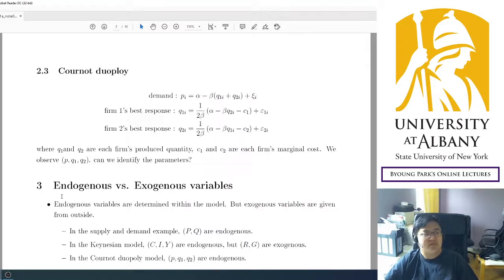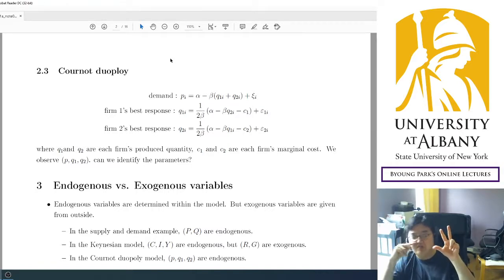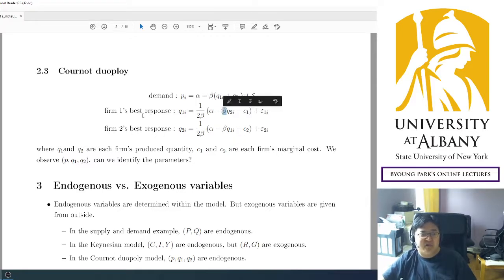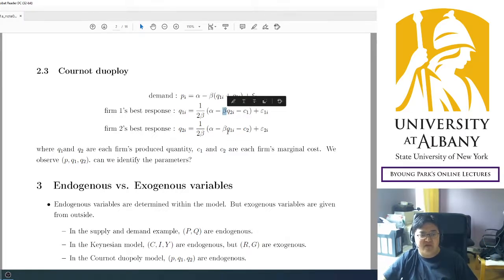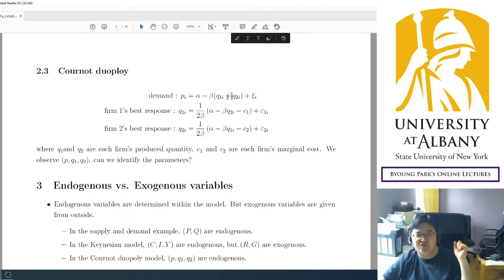In this example, the Cournot duopoly model, the demand function and the two firms' best response functions determine price and each firm's output. So three variables are determined by three equations. Here you may utilize that the two firms are symmetric. So the coefficient of this equals this, and this equals this. In that way, we may find that the coefficients in front of Q1 and Q2 are the same.